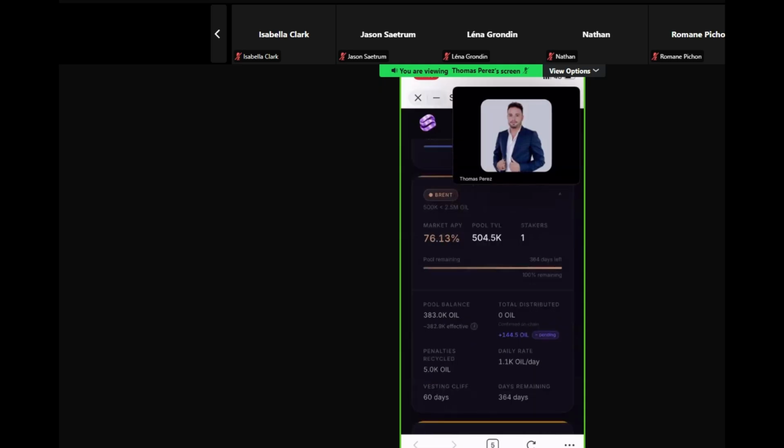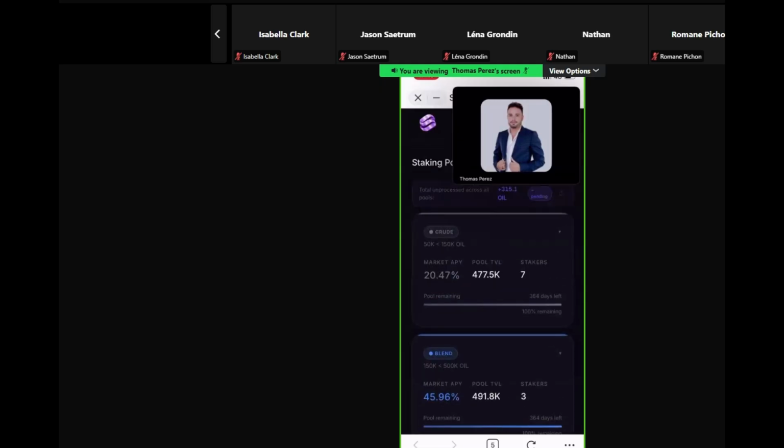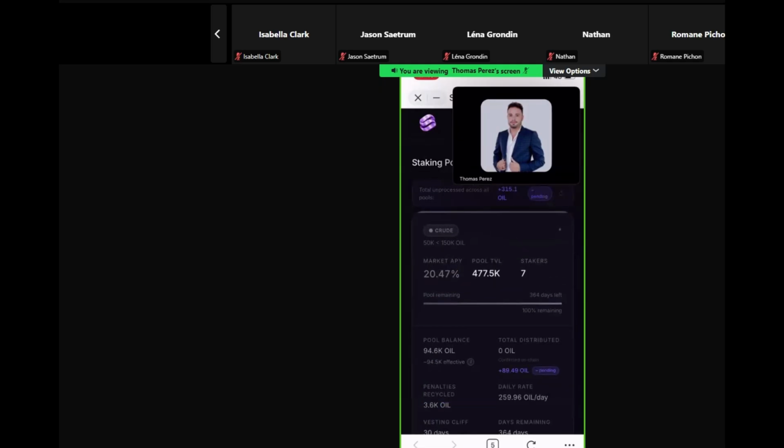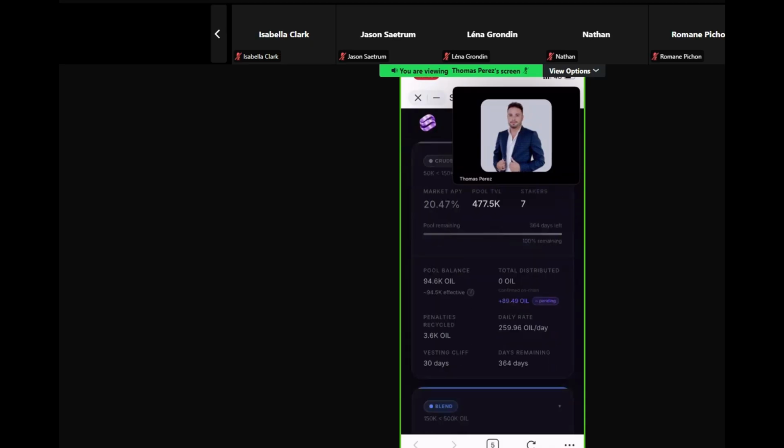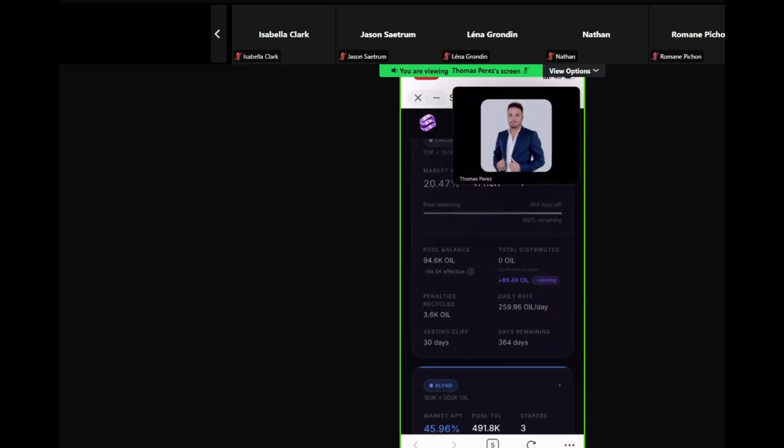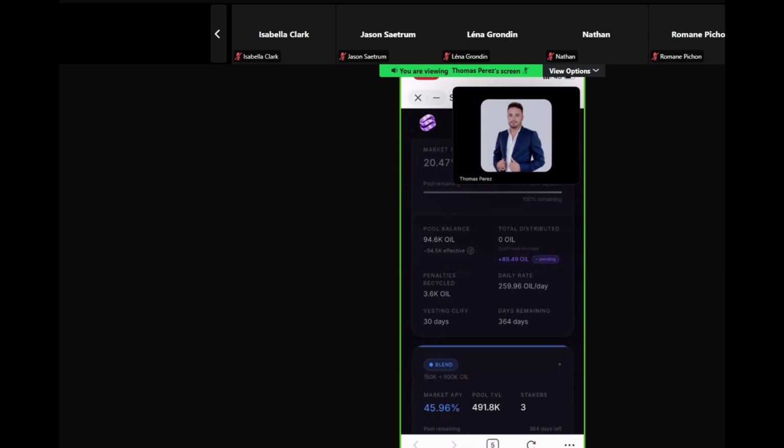So it's pretty straightforward. You have all those tiers, you can see how it works, you can see anything from this one: the pool balance, the total distributed, the pending in purple. You can see the penalties basically. That means those 3.6 thousand oil tokens were added back to the pool balance, increasing the pool balance, increasing the APY of everyone in this specific pool.